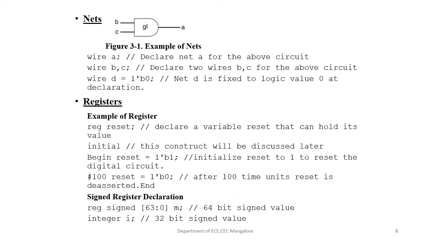There are two important types of declaration in data types, wires and registers. Nets are declared as a wire. Wires are like a physical wire. When you are designing any circuit, the inputs and outputs to the external world are declared as nets, like the keyword wire a.